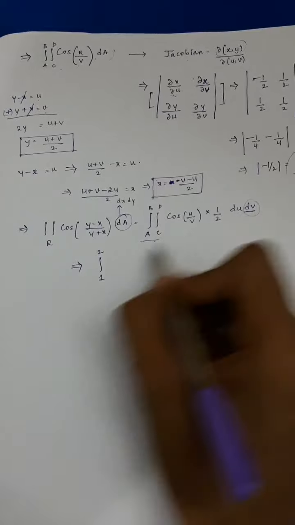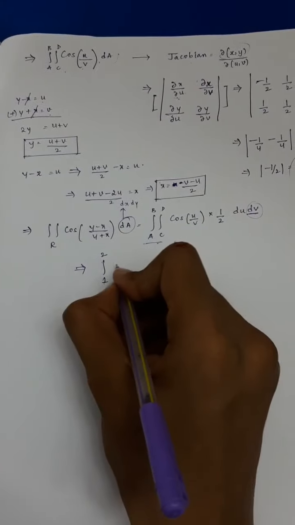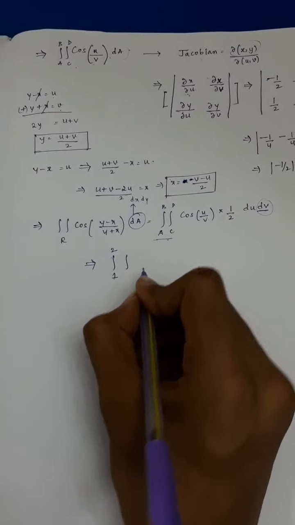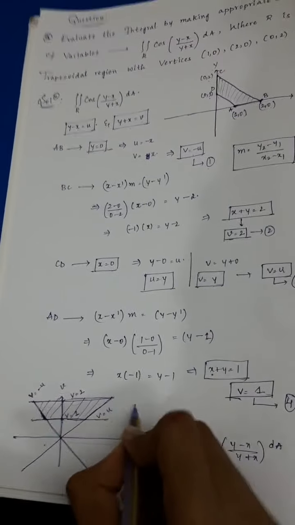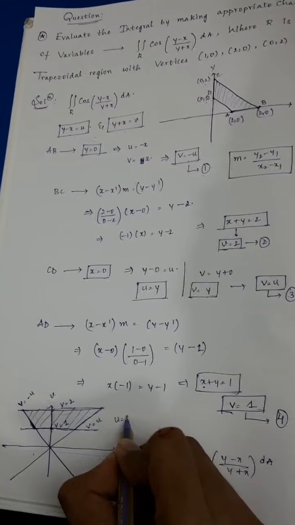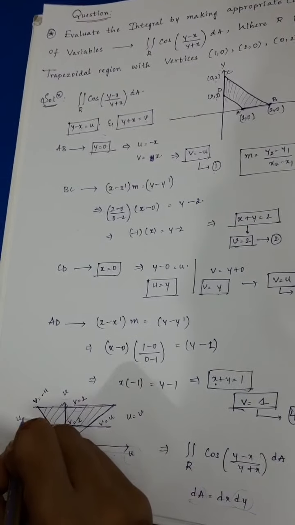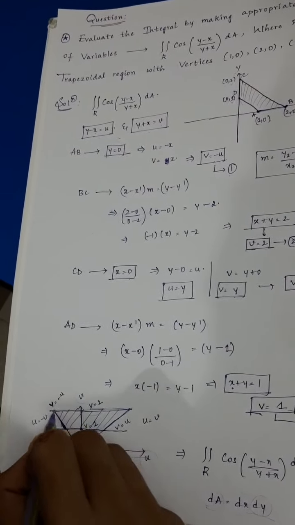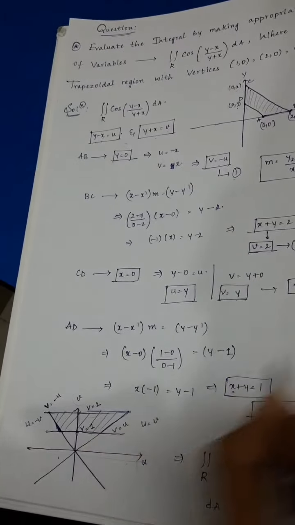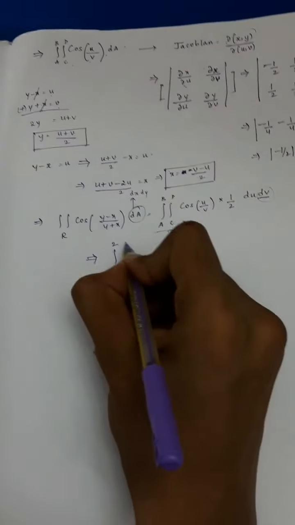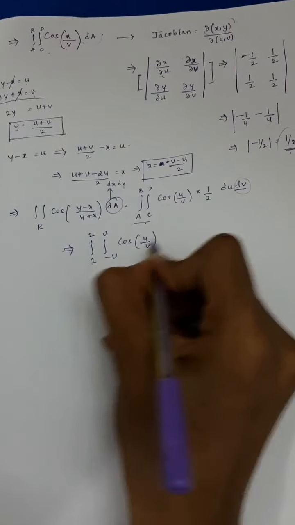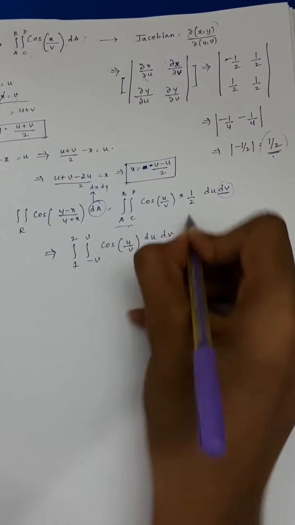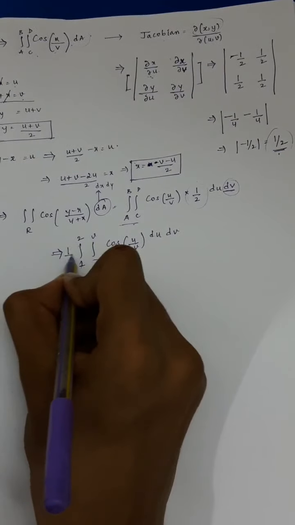And similarly, the u limits would be ranging from minus v to plus v. Here u is equal to v, here u is equal to minus v. So it's ranging from minus v to plus v. It is cos of u by v into du dv. Since 1/2 is a constant, we are taking it out here.